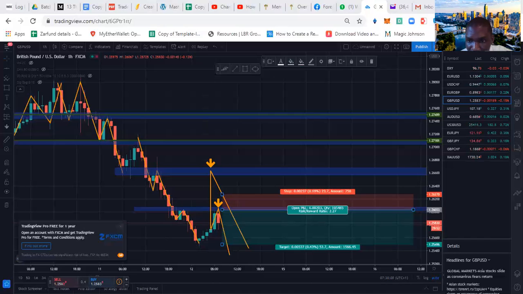That should be around 50 pips. Yes, that's around 50 pips.